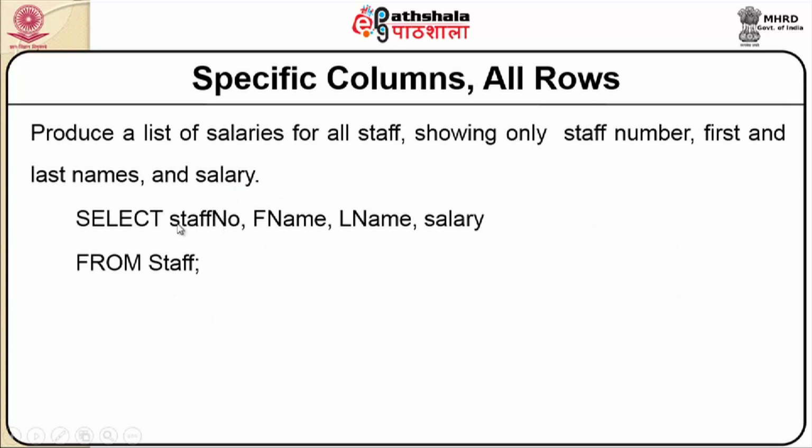In that case, I will be using select, and here the star needs to be replaced with what is to be projected. So select staff number, first name, last name, salary from the staff table would fetch us a complete list of salaries with staff number, first name and last name.